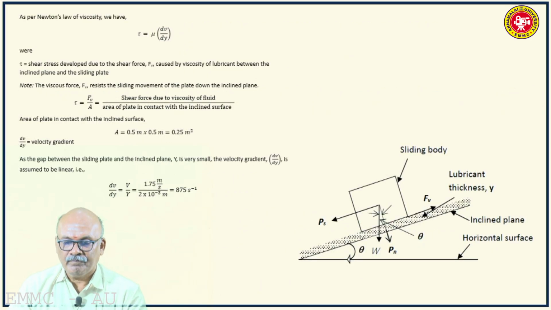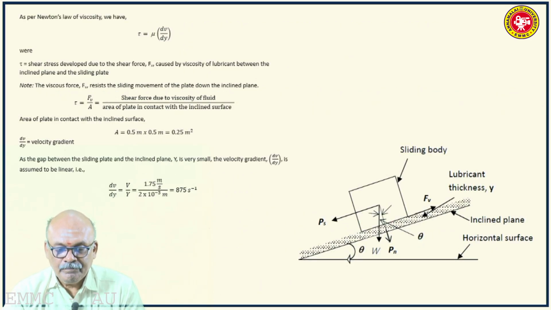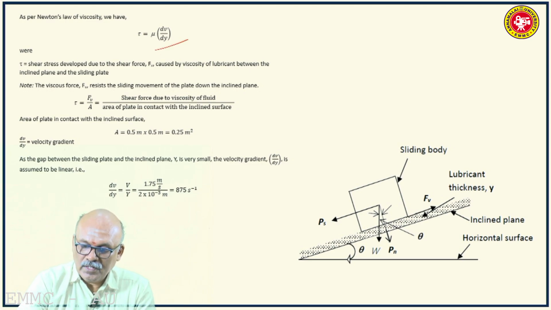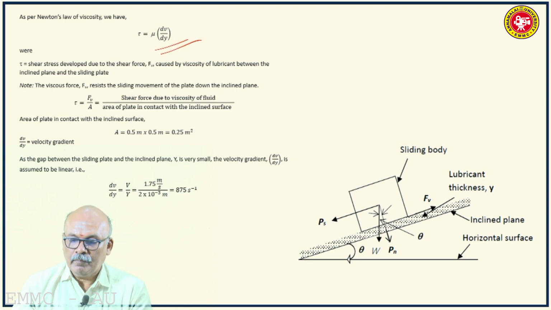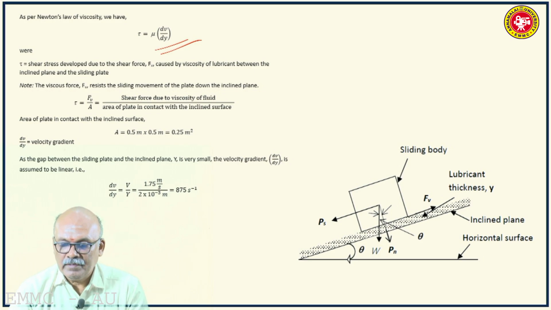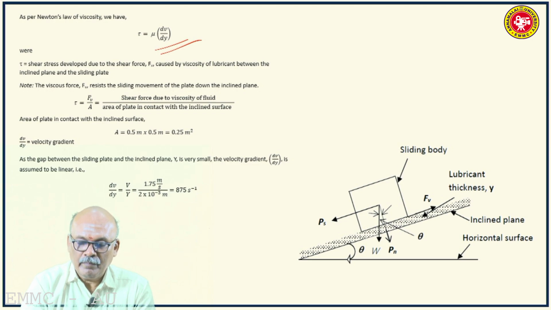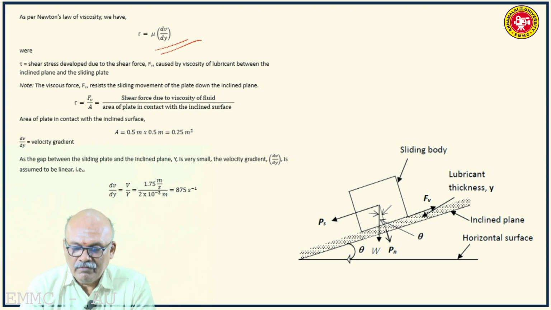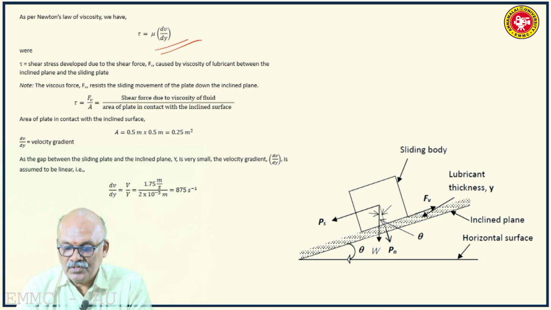and the inclined plane. So, we have to consider the equilibrium of the sliding plate. You take Newton's law of viscosity, tau is equal to mu multiplied by dV over dy. So, tau is the shear stress developed due to the shear force caused by viscosity of lubricant between the inclined plane and the sliding plate. Tau is equal to the viscous force Fv, the shear force due to viscosity of fluid, divided by area of the plate in contact with the inclined surface.